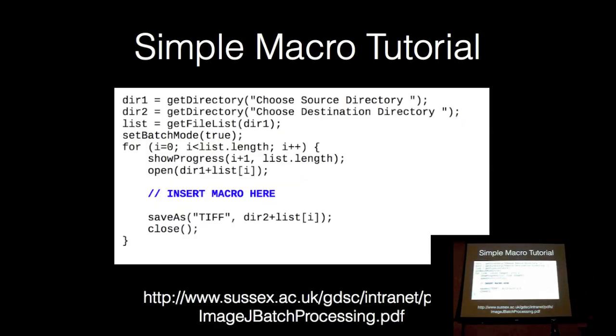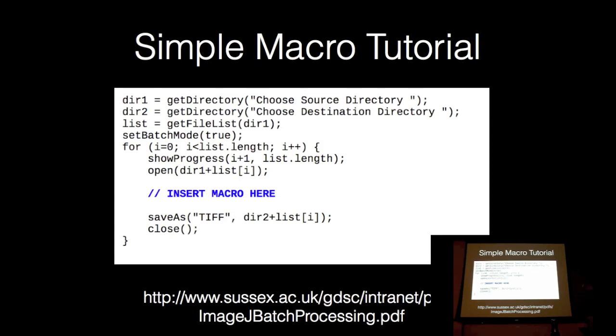Okay, so the next thing that you would want to do is run that script on every image in a folder. If you go to this website, you'll see that there's this nice little template, which is code that will do whatever you say here on every file in the directory that you choose, and then save the results as a TIFF in another directory you choose. You don't need to write the code.